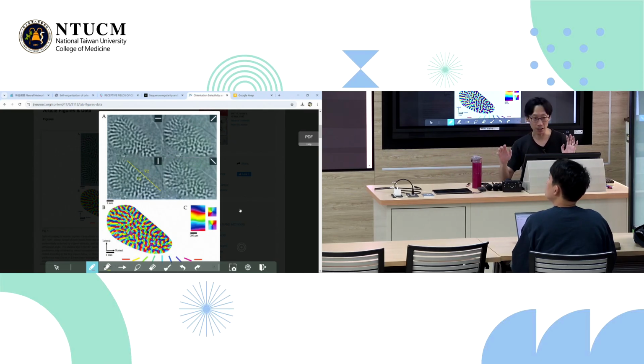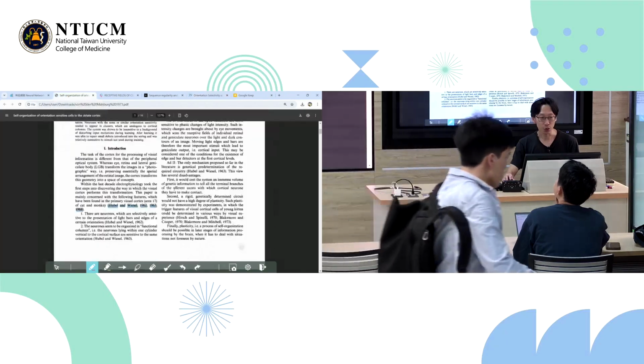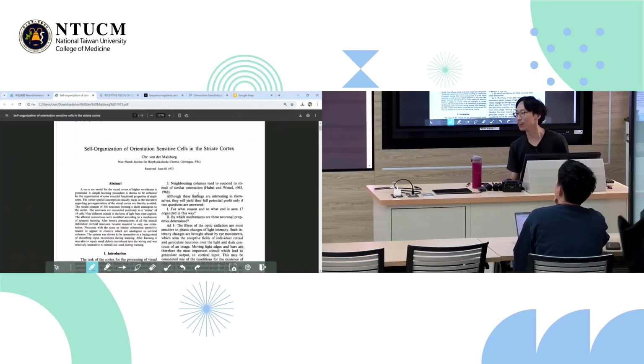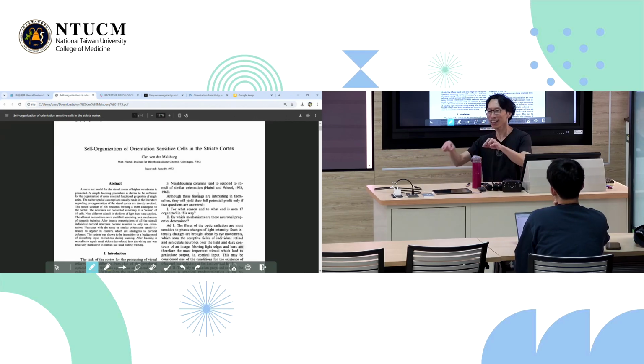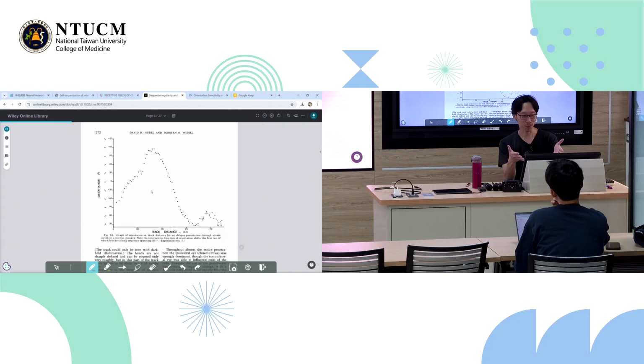So put this in context, and appreciate that when you are von der Malsburg in 1973, all you had was Hubel and Wiesel's cat study. Basically, all you had was this figure 2a.